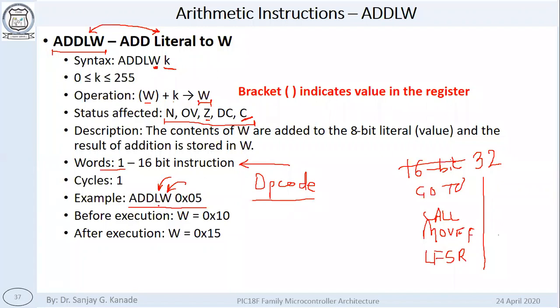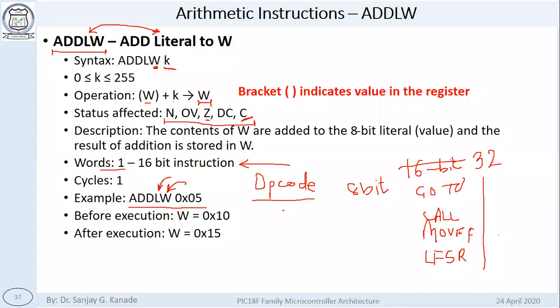Since there is an L, it has to be 8 bits for L, and some bits, we don't remember how many, for the opcode. So there cannot be any other hexadecimal operand to this instruction.